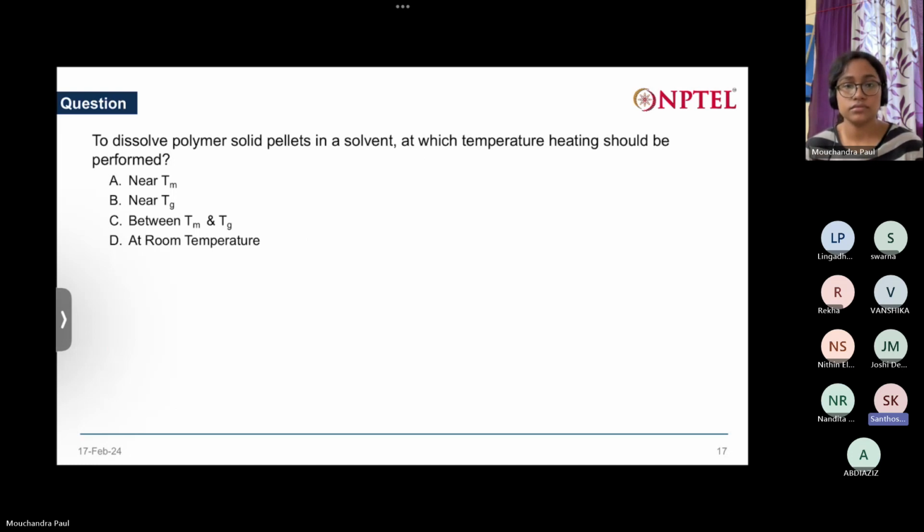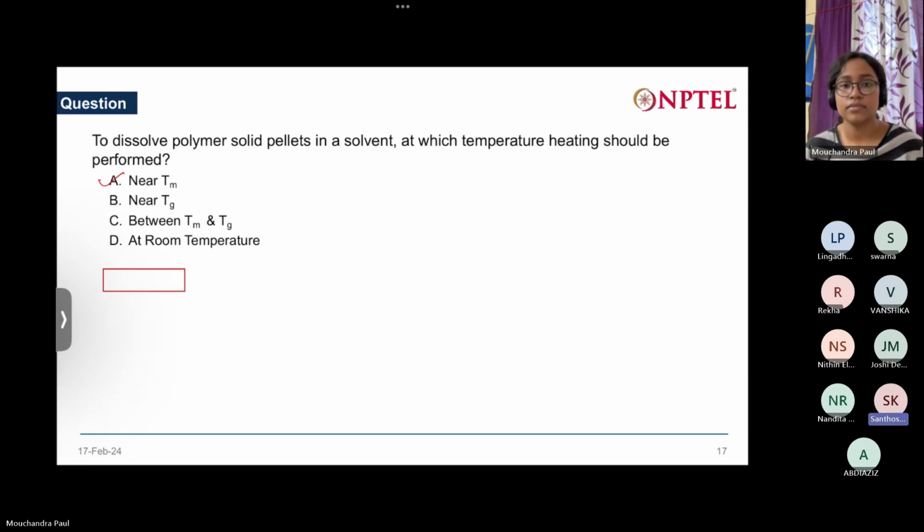Near Tm, ma'am. Yes, you're correct. Can you explain to everyone the logic behind your answer? As you said, we need to melt the solid to change it to a molten or liquid phase.